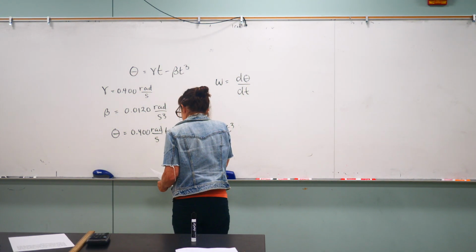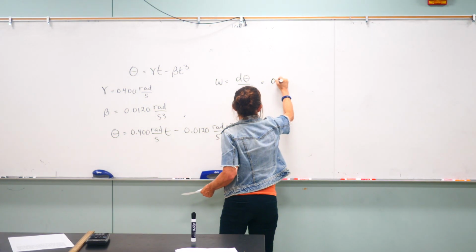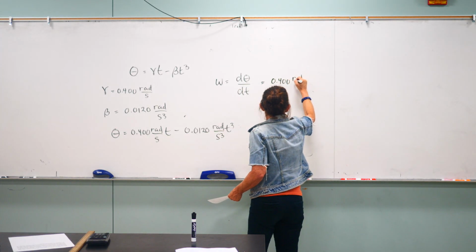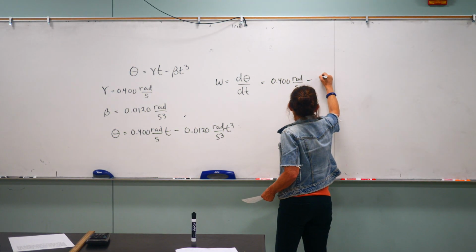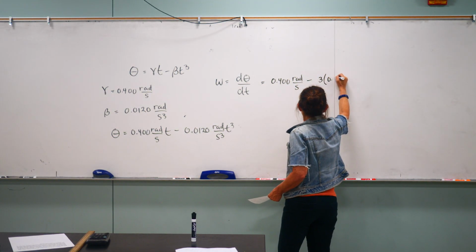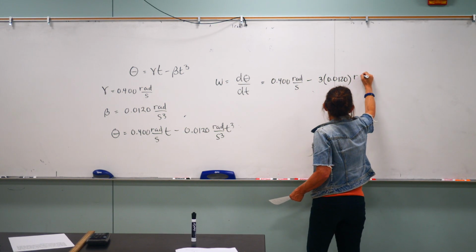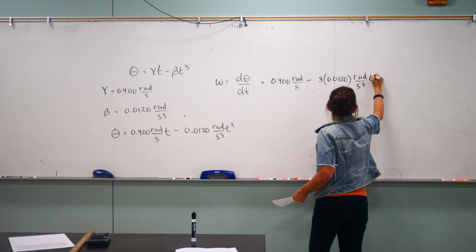So this is going to equal 0.400 radians per second minus 3 times 0.0120 radians per second cubed t squared.